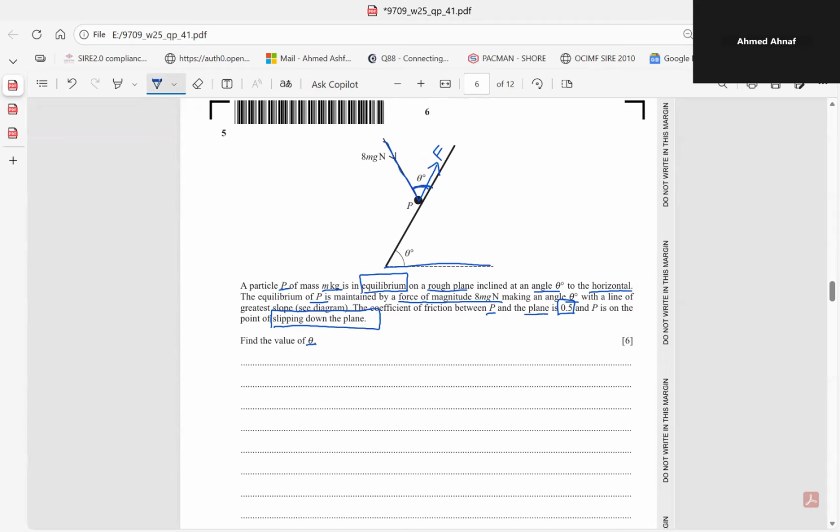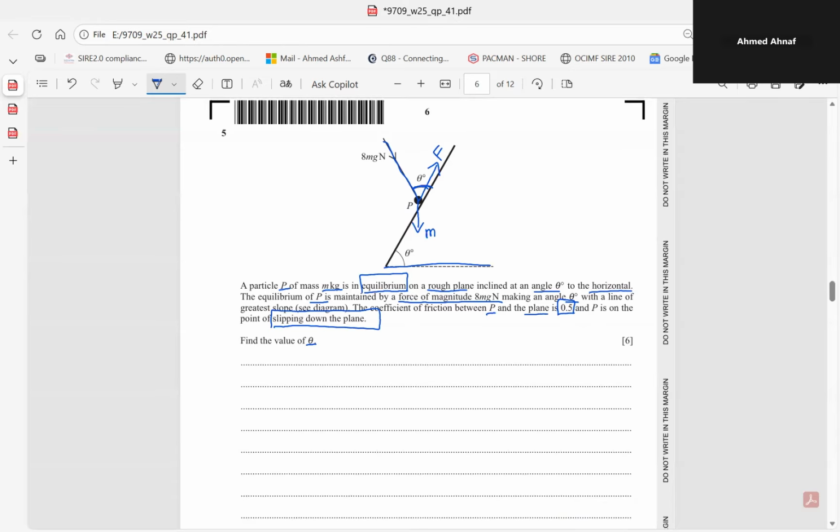First things first, since we know it's in equilibrium, we have to first sketch out all the forces and equate the vertical and the horizontal components. Okay, so for P, since there's mass, obviously downwards must have weight acting on it.